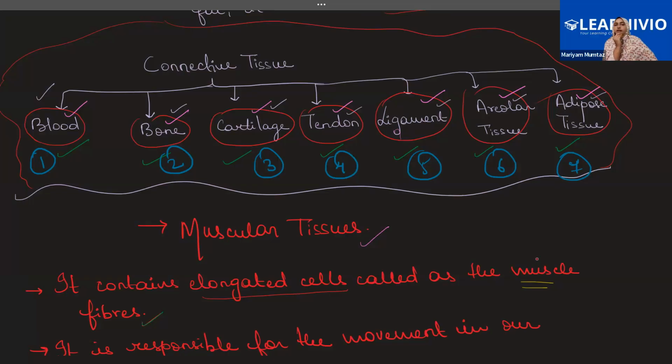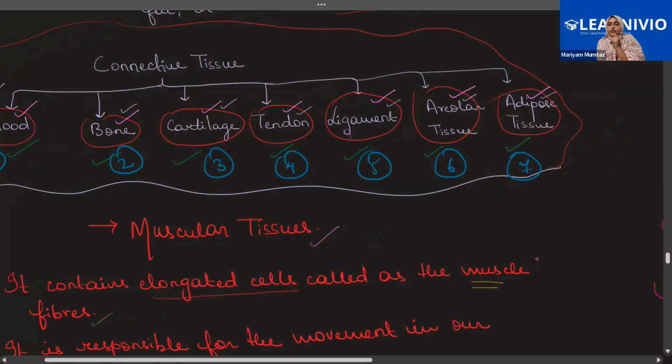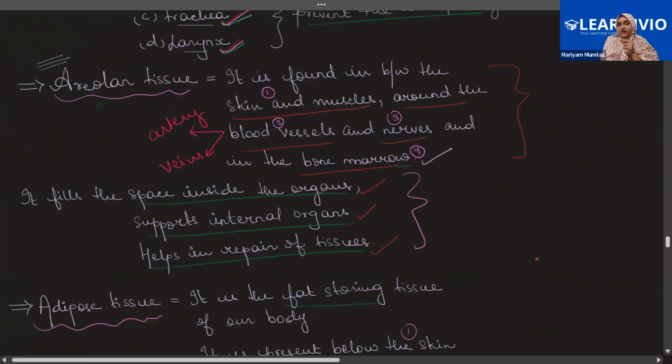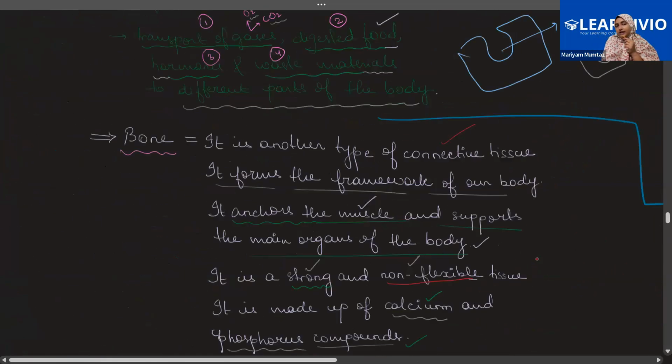Now, talking about the connective tissue, the name suggests that this tissue is responsible for some sort of connection in our body. The blood, bone, cartilage, tendon, ligament, and areolar tissue, along with adipose tissue, are considered connective tissues. The first one is the blood.